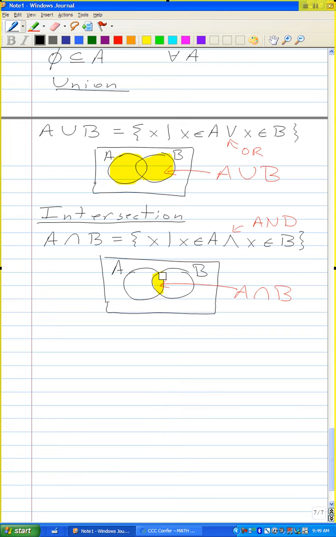You only include those members of the two sets that are in common with both sets. Okay, let me do some examples first. Then I'll give you some properties.